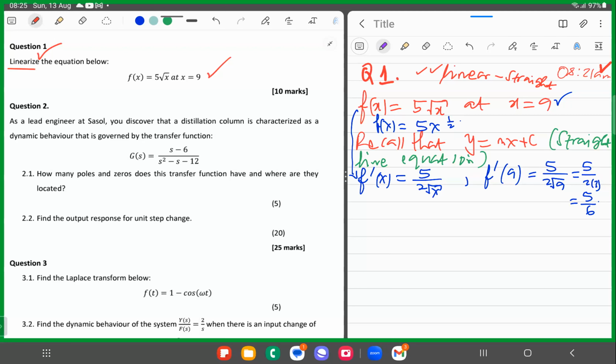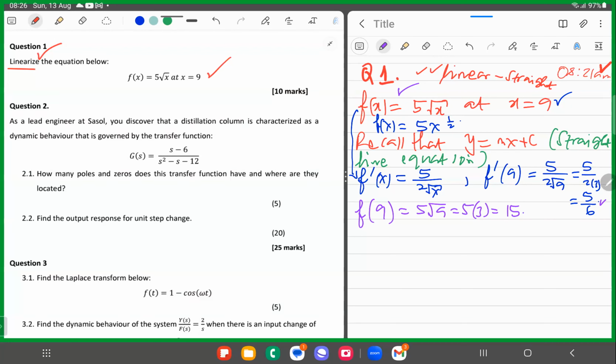Moreover, we must be able to determine the value of the function at 9. The derivative at 9 has been determined, but what is the value of the function at 9? The function itself is 5 times the square root of x, which is 5 times the square root of 9, that is 5 times 3, which is exactly 15. Okay, the value of the function is 15, and we have found the derivative at 9.